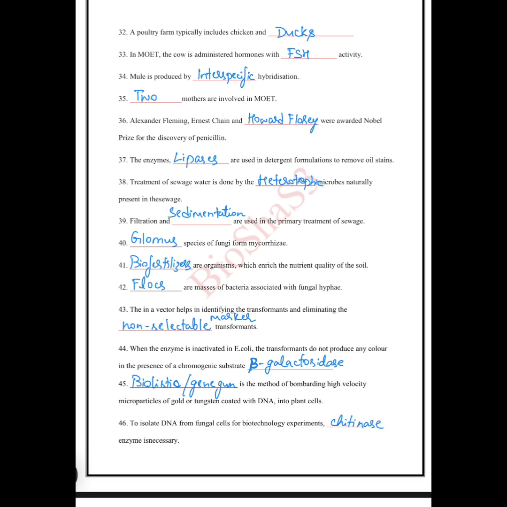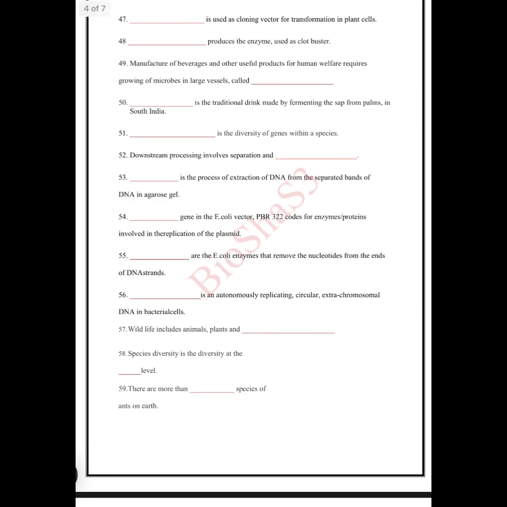Agrobacterium is used as cloning vector for transformation in plant cells.